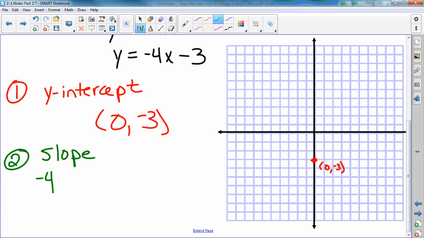Well, yesterday when we talked about slope, we said slope was the rise over run. Cameron put that over 1 for a reason, because he needed a run. We know that -4 written as a fraction is just -4 over 1, and he needs that 1 so we have a run.